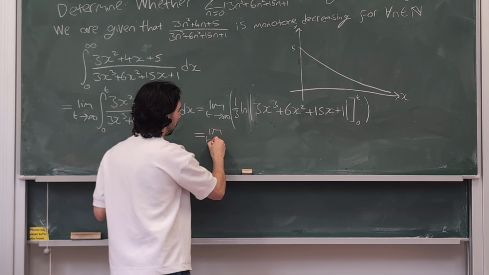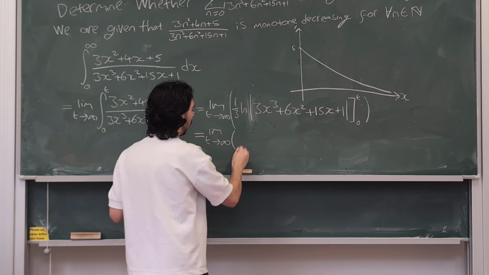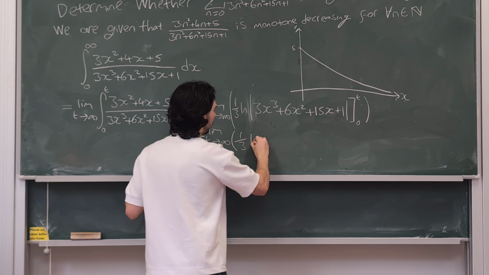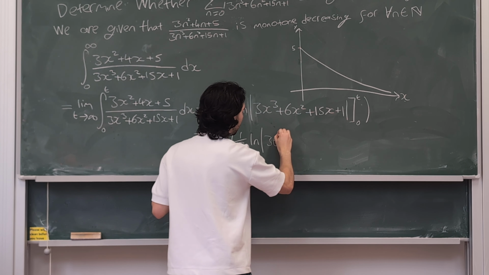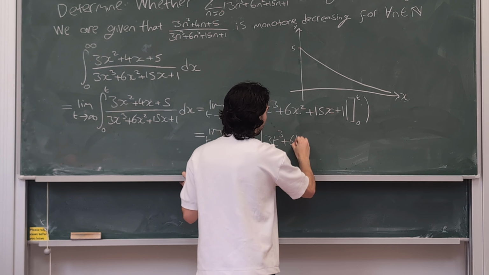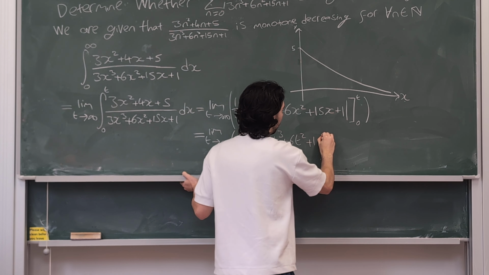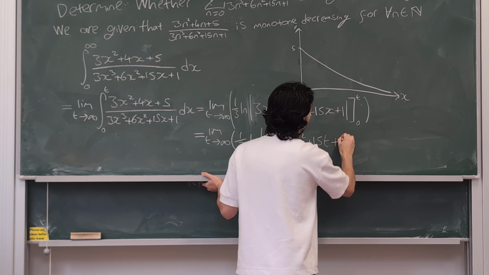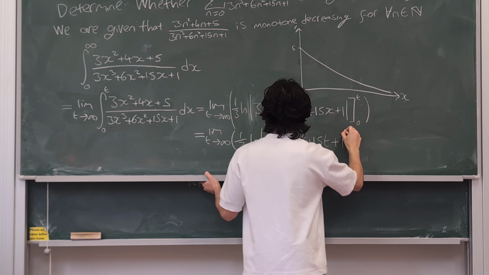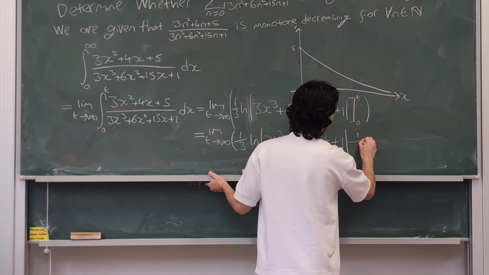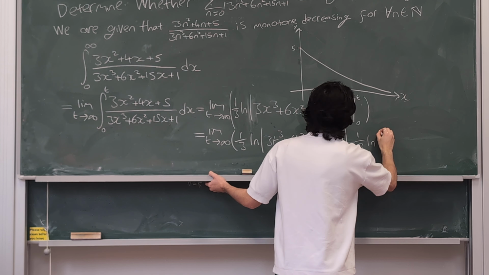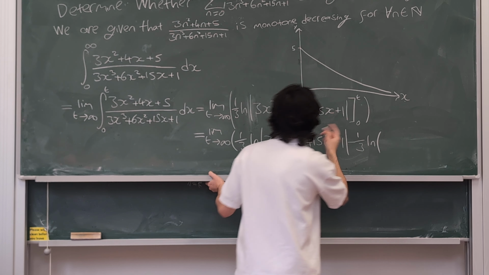So we have the limit as t approaches infinity of 1/3 the natural log, plugging t in, of 3t cubed plus 6t squared plus 15t plus 1, minus 1/3 the natural log of just plugging 0 in.